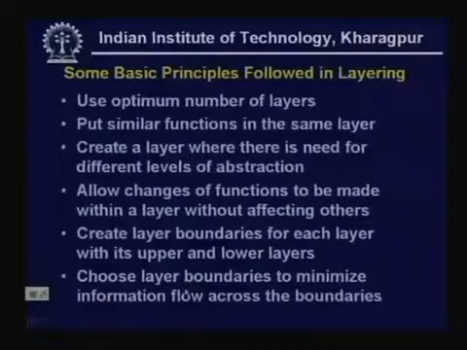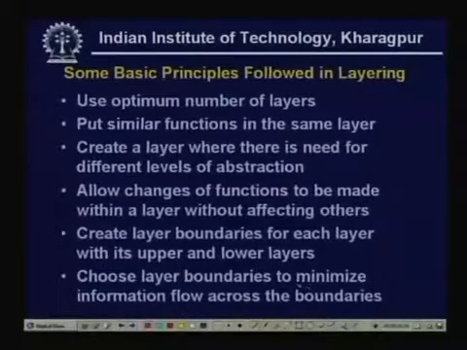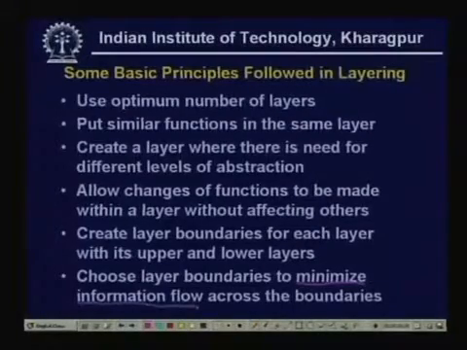What we want in that situation is minimum inter-process communication. Here also what we want is to minimize the information flow across the boundaries. That means the two layers which will communicate with each other through the boundaries, that information flow through these boundaries should be minimized.